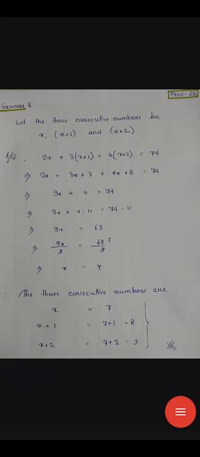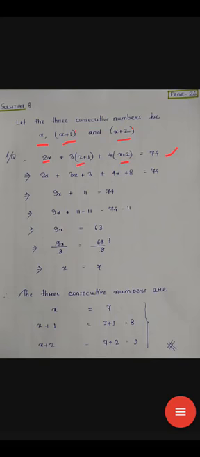As we discussed already, first of all we consider the three consecutive numbers as x, x plus 1 and x plus 2 in increasing order. That means the second number should be bigger than the first one, then the third number bigger than the second one. According to the question, the sum of these three products should be equal to 74.